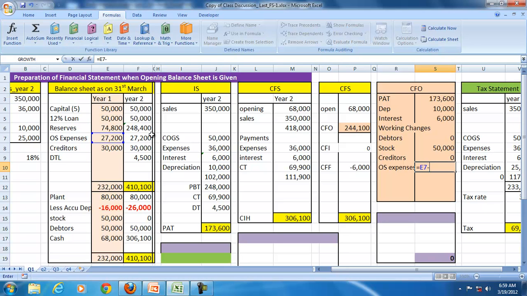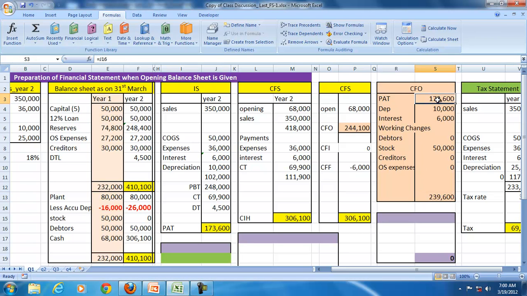So the cash from operation is equal to the summation of profit, non-cash items, non-operating items, and changes in the operating cash flows.